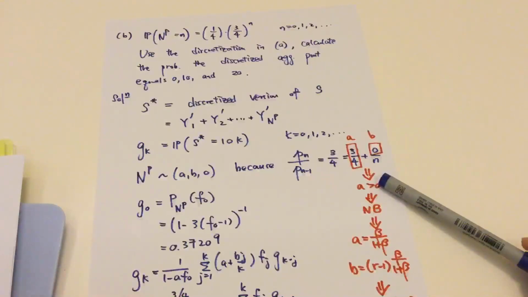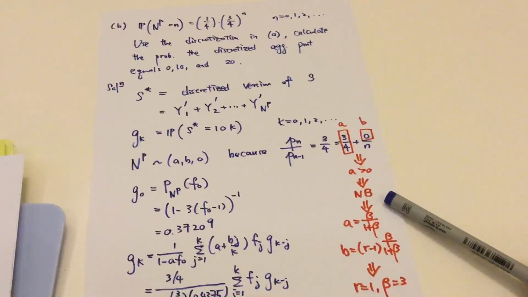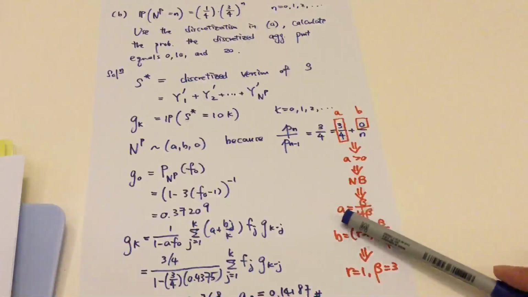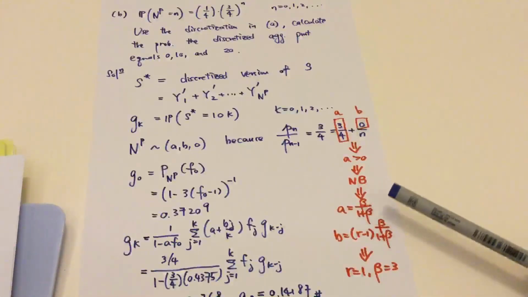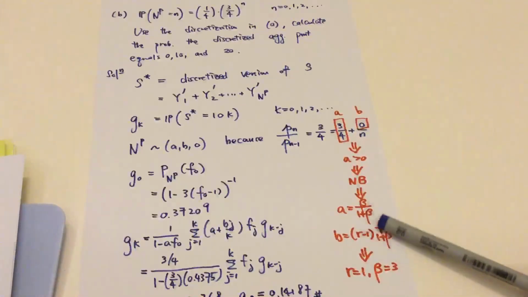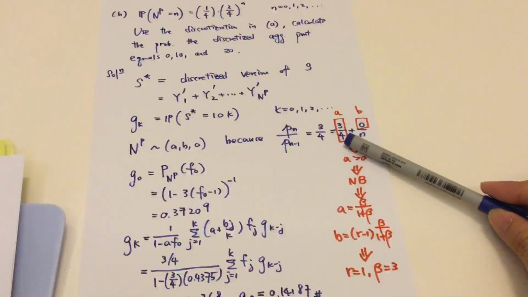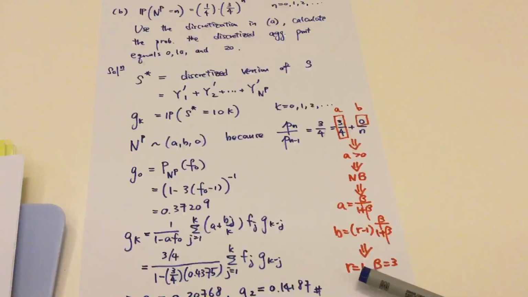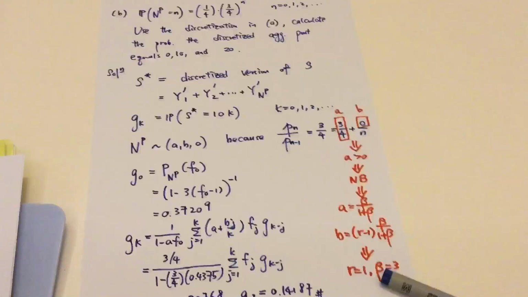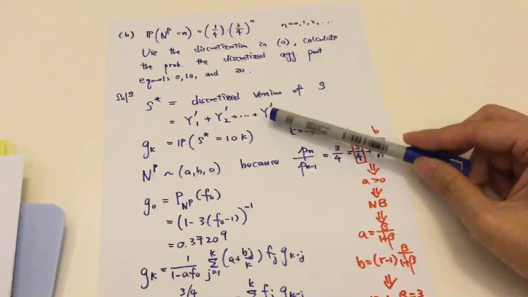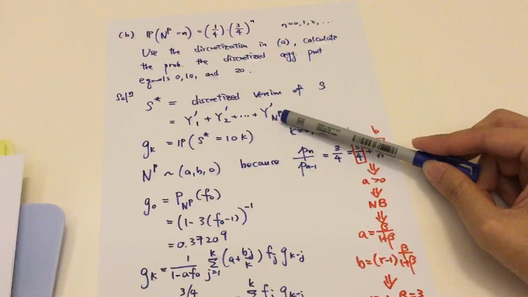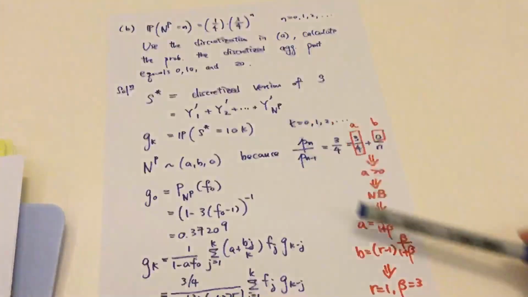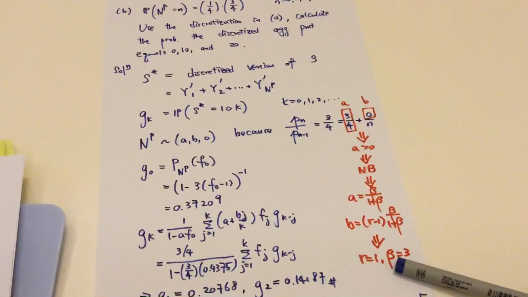So a is positive, that means it is negative binomial. And we know that for negative binomial, a, b are related to r and beta in this way. So because a is 3 over 4 and b is 0, we can find out r and beta. So r is 1, beta is 3. So actually this N_P variable is negative binomial, r is 1 and beta is 3.